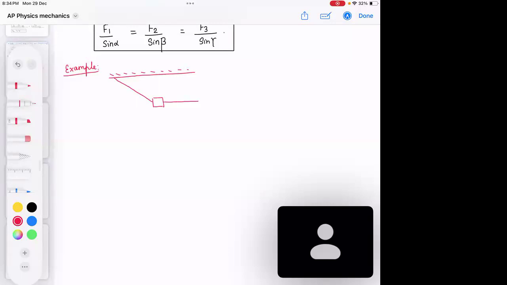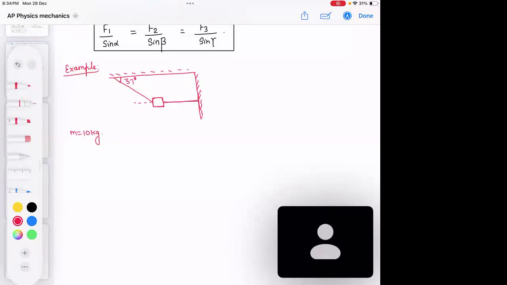There is one more string connected through this wall. Mass of the block is given as 10 kg. And this angle is given 37 degree, and this is a horizontal string.